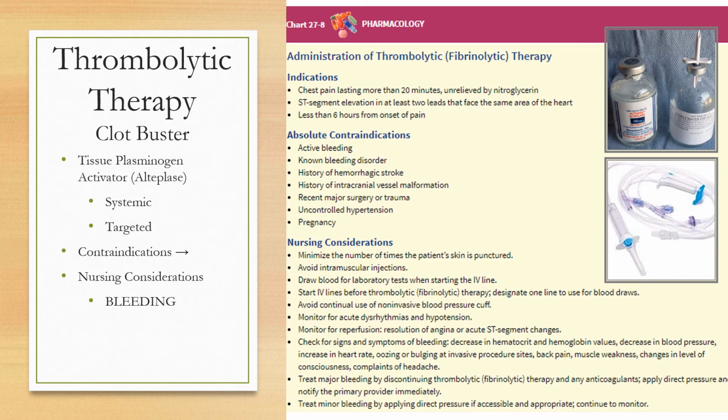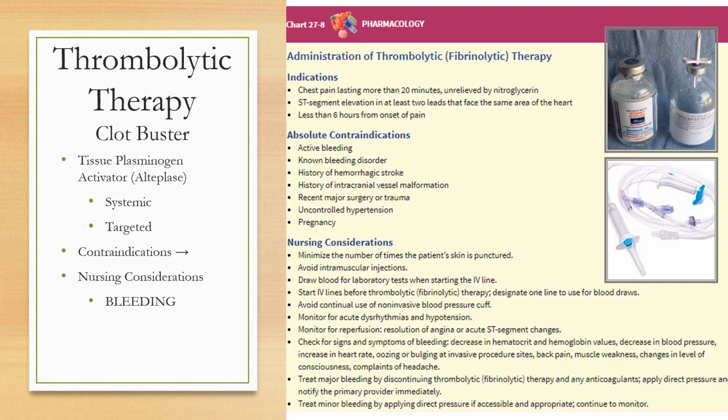Uncontrolled hypertension, so a blood pressure of greater than 180 systolic, we don't use TPA. We can sometimes try and get it down, but usually we just don't use it because TPA combined with severe hypertension can lead to a massive stroke.